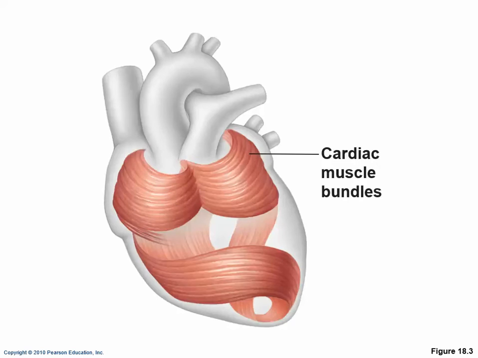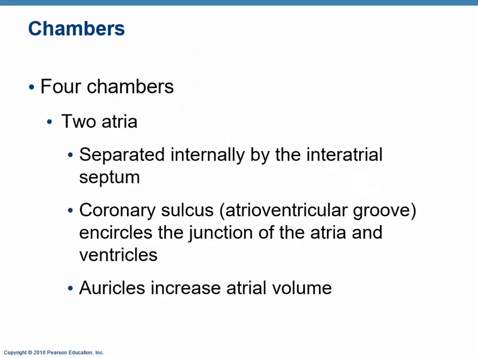You can see how if those things tighten, the whole heart will twist like wringing out a cloth. Makes it more efficient. It moves more blood with a given amount of force.